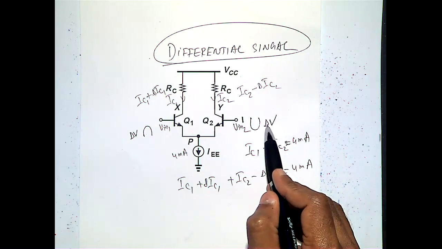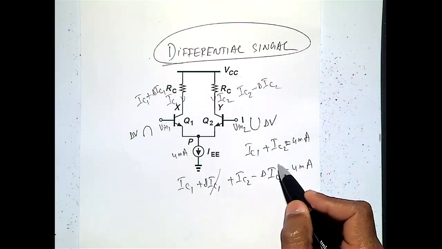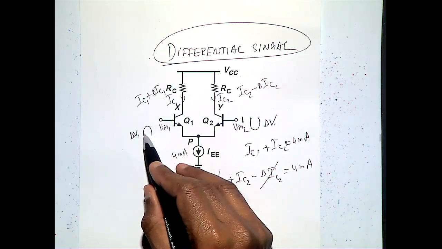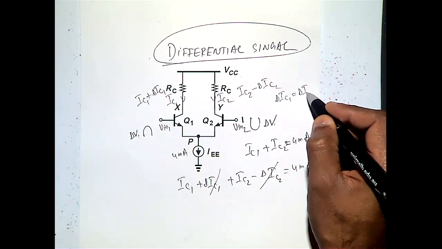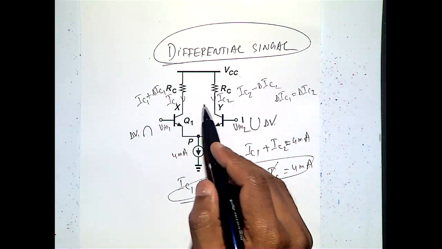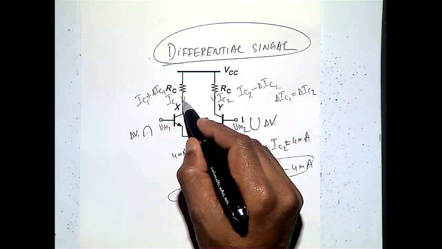If these delta V's are the same, then IC1 and IC2 both change by the same amount and it will cancel out, because delta V1 and delta V2 have the same amplitude. So delta IC1 equals delta IC2. So when you apply a differential signal, you can get amplification here.